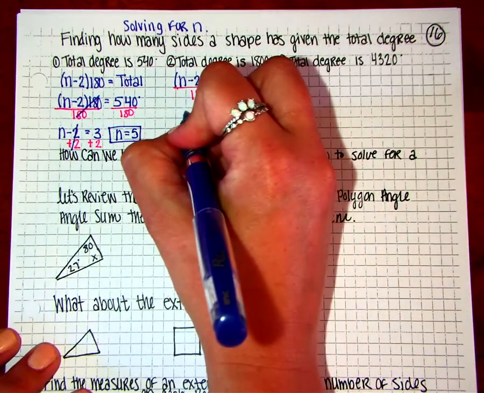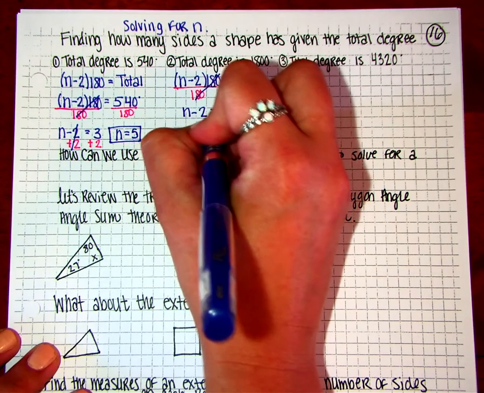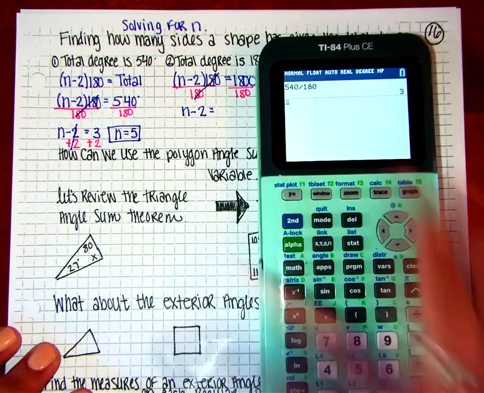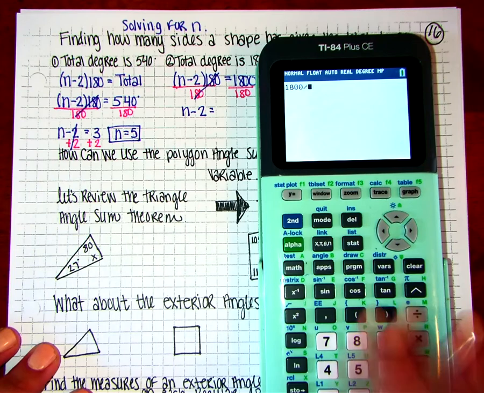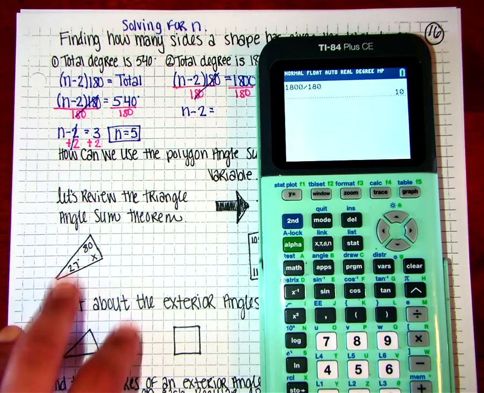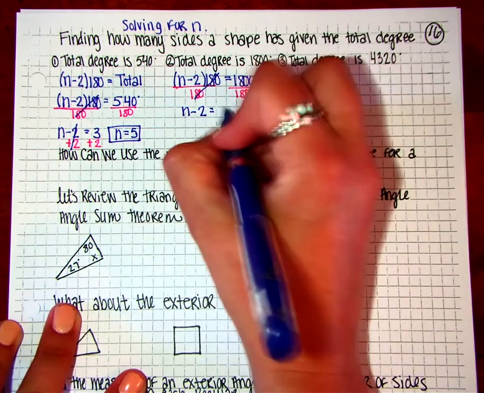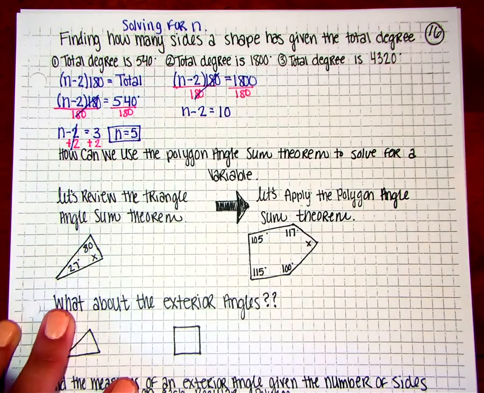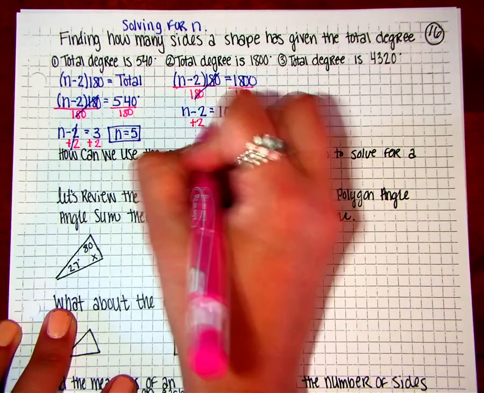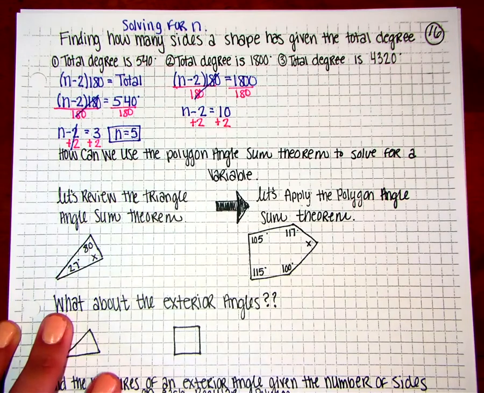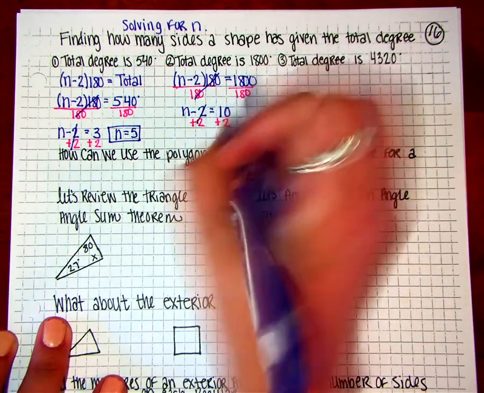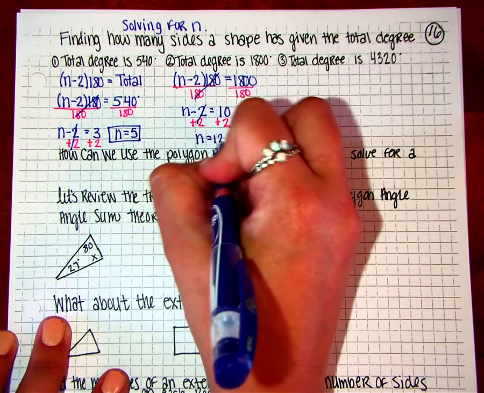So I'm going to be left with n minus 2 equals, I think it should give us 10. It does. Should trust my math gut. Then I'm going to add 2. You have to remember to add 2 because a 10-sided figure doesn't add up to 1800. A 12-sided figure does.